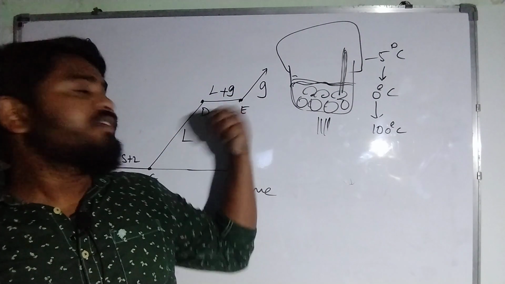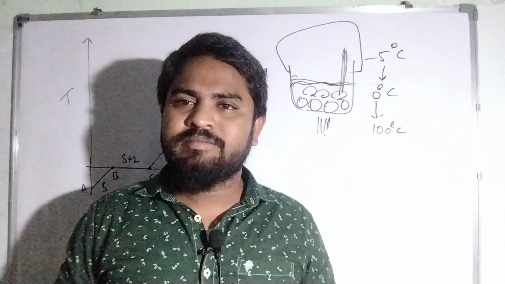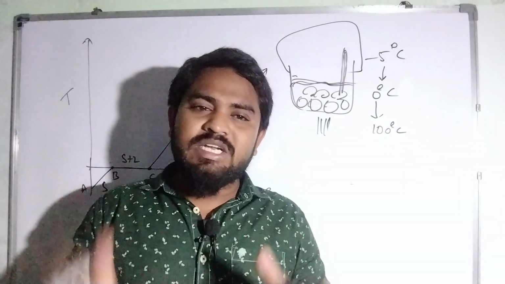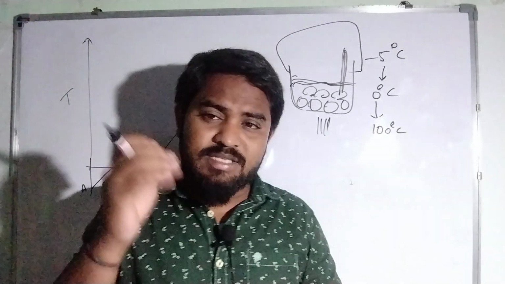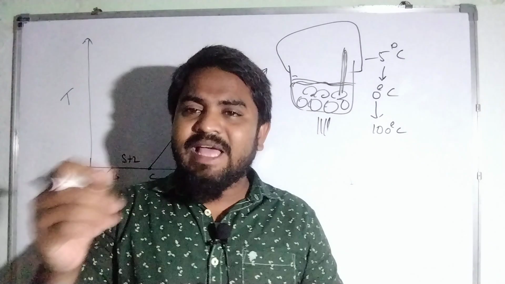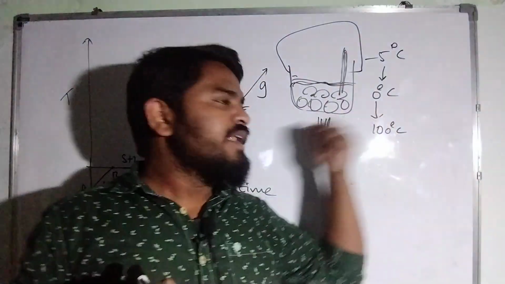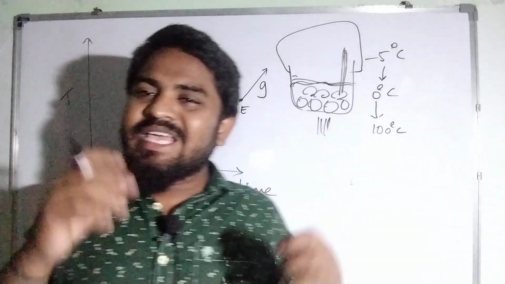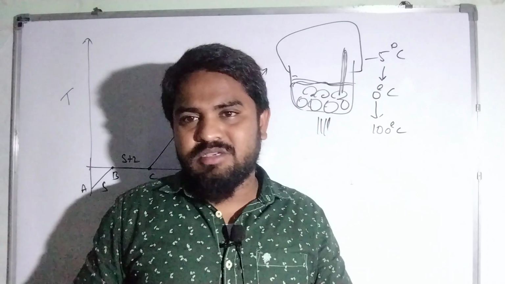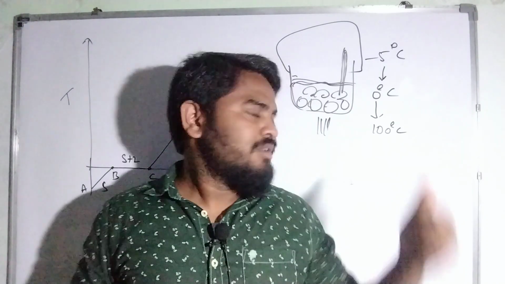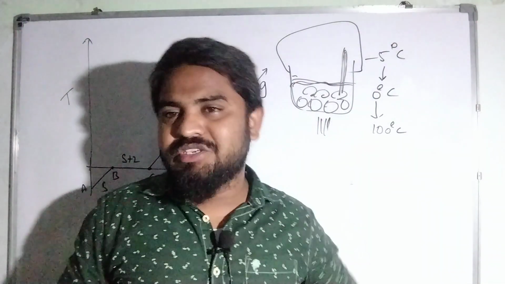Next, converting gas into liquid, right? At constant temperature, if gas converts into liquid form, then it is called liquefaction. If the same thing happens at any temperature, then it is called condensation, right?